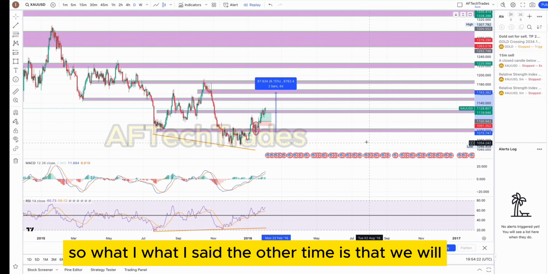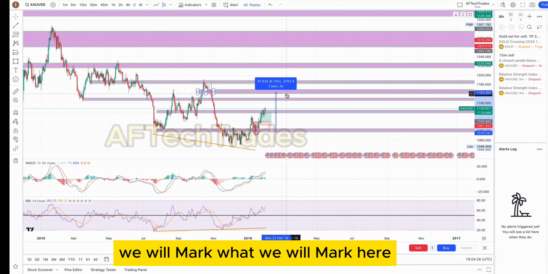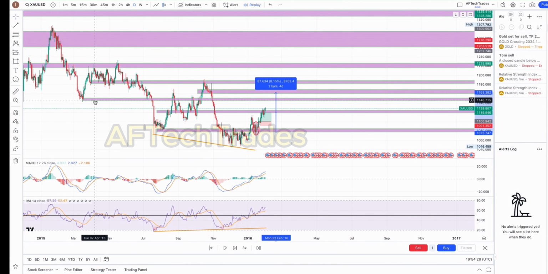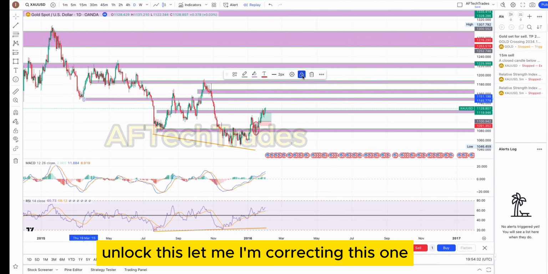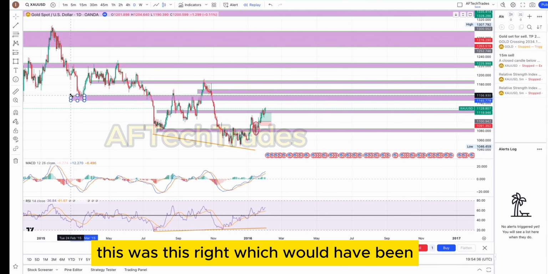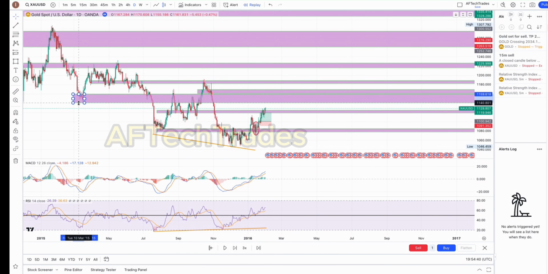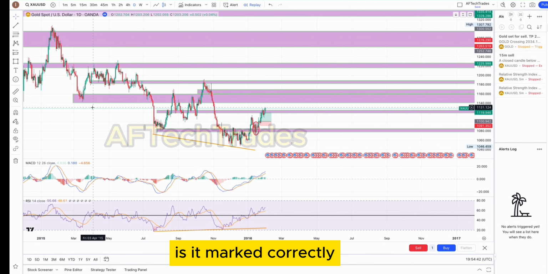So what I said the other time is that we will mark what we will mark here. I'm correcting this one. This was this, right? Is it marked correctly?